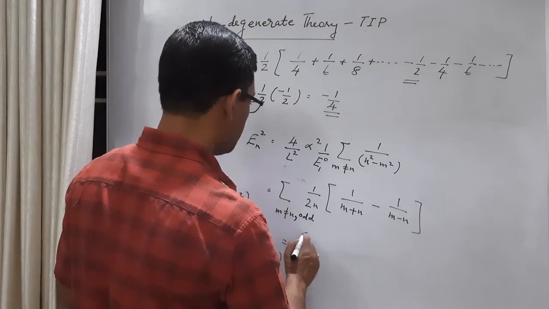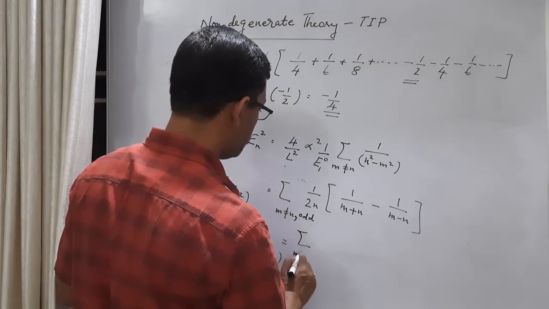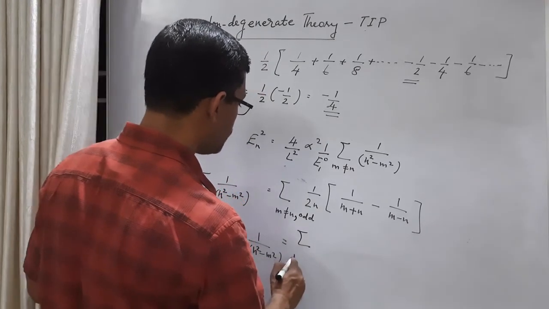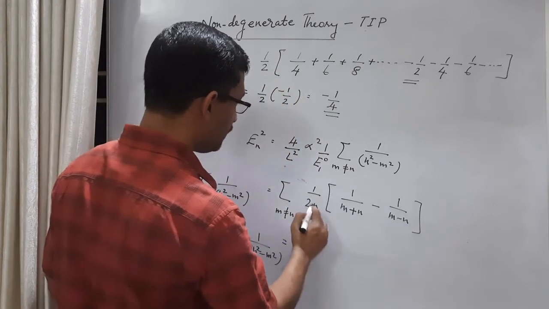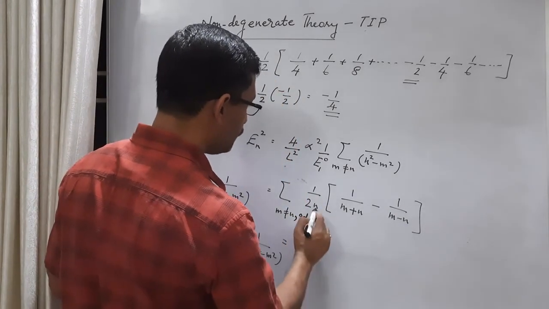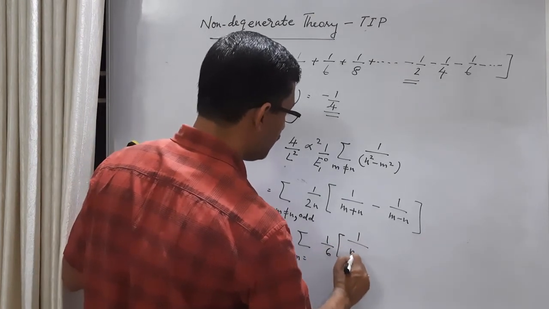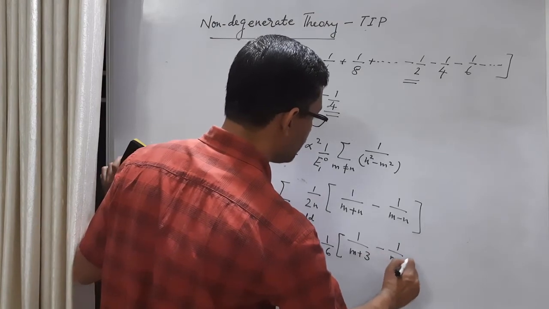we will see what are the different values of m. When n is equal to 3, we have this formula, so put n equal to 3, so 1 by 6, 1 by m plus 3 minus m minus 3.